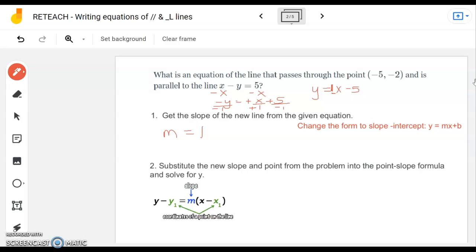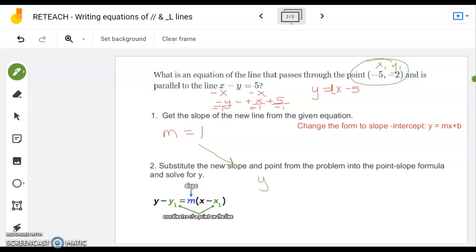Now, my point is given to me in the problem: -5, -2. So there's my x1, there's my y1. Now I'm going to substitute the new slope and the point from the problem into the point slope formula and solve for y.